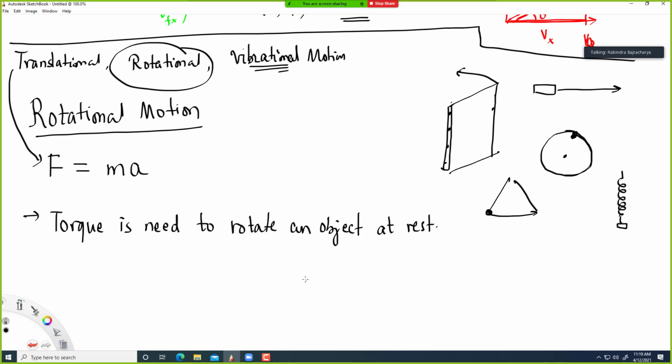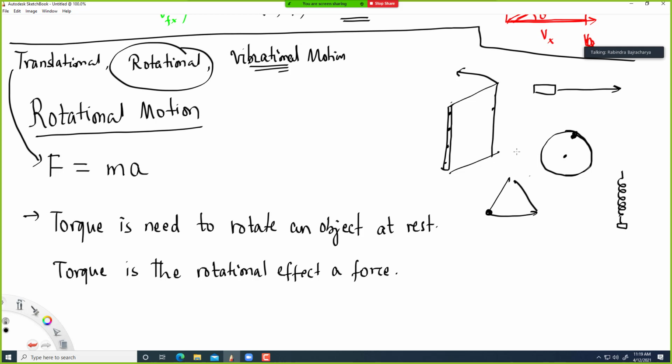So what is torque? Torque is the rotational effect of a force.